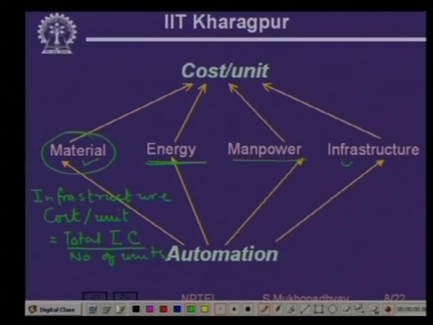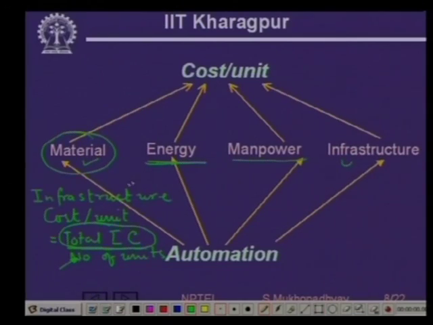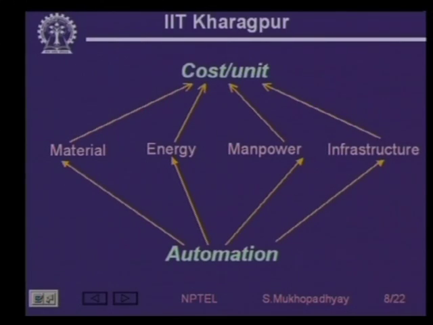Since automation will enhance the number of units, remember that to install automation, the total infrastructure cost will actually go up, because you have to install more sophisticated equipment, additional automation equipment. So, your total infrastructure cost will actually go up, but still the infrastructure cost per unit will come down, because the number of units will go up massively. So, the overall ratio will actually come down. So, you see that using automation one can cut down costs in various ways.